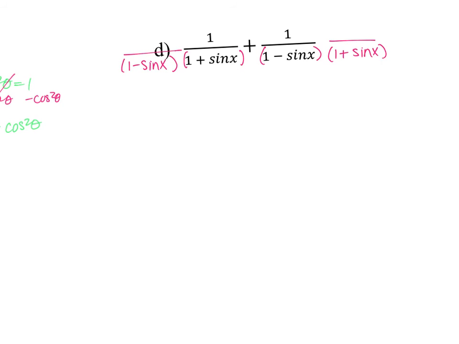If I do that, I have to multiply the top by the same factor. So the top also gets 1 minus sine x on this side, and for this side, I multiply the top by 1 plus sine x. Now they both have the same denominators. Even though it's a very complex denominator, it's the same denominator.